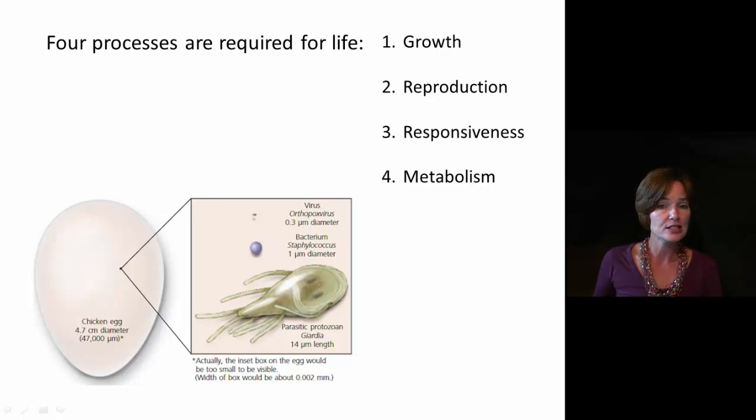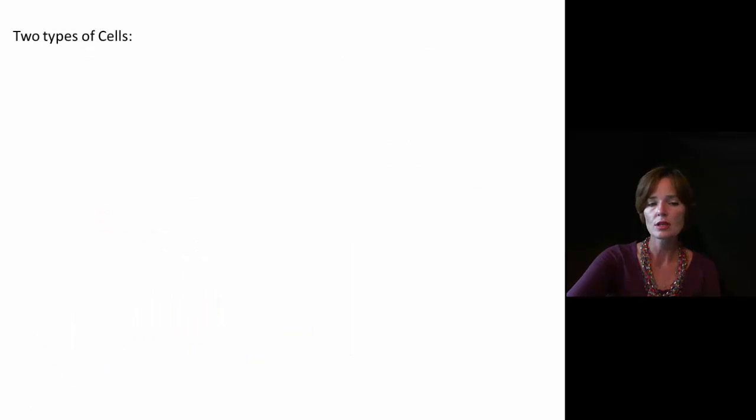Then we also have bacteria, which are significantly smaller, and viruses are going to be even smaller than that. Viruses, though, I will mention here, are not considered to be living by most individuals because a virus is not able to do all of the things that we see in this list. So again, for something to be considered living, it needs to be able to conduct these 4 main processes.